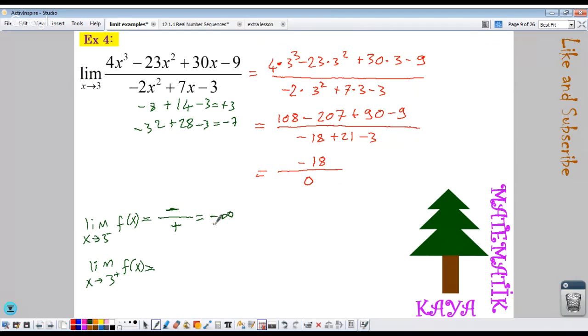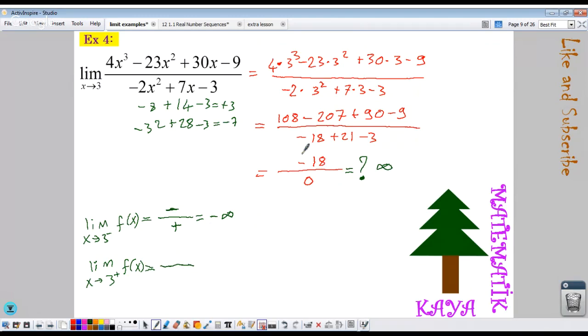I am doing this research because when I have a number over 0, the result is related to infinity, and I should check whether it should be plus infinity or negative infinity. To be able to write a final result in here, both checkings should give me the same signed infinity. So now the second part of the checking.